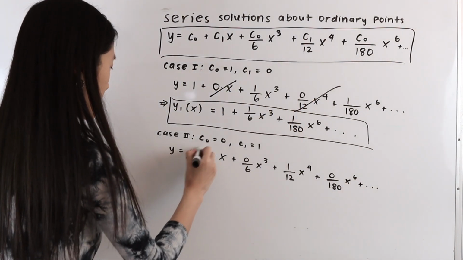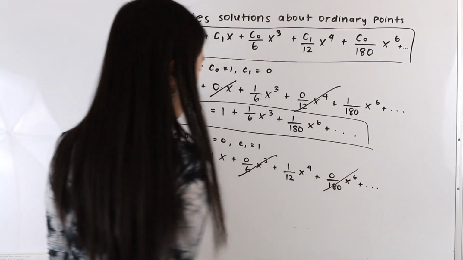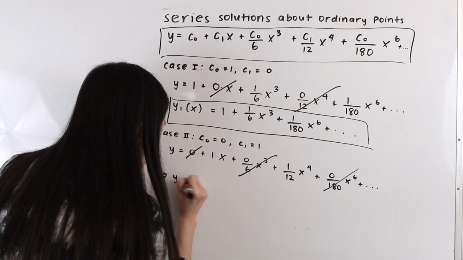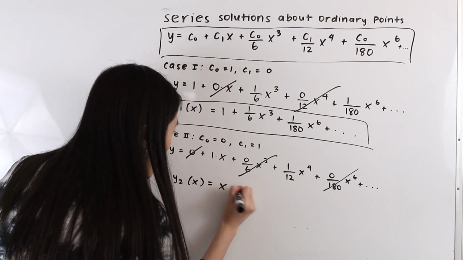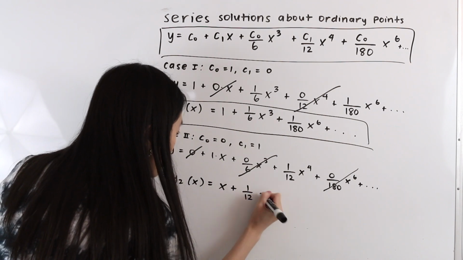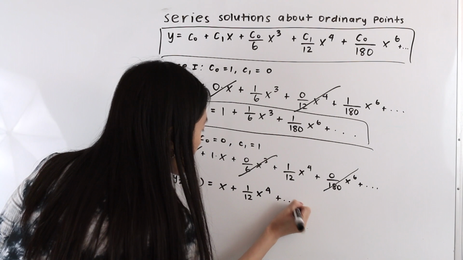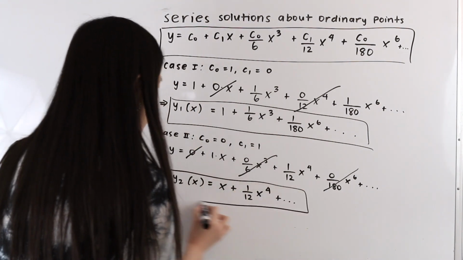So we have 0 term here. This is equal to 0. This is also equal to 0. So we have y2 of x is equal to x plus 1 over 12 x to the fourth, and so forth. So that is our second solution.